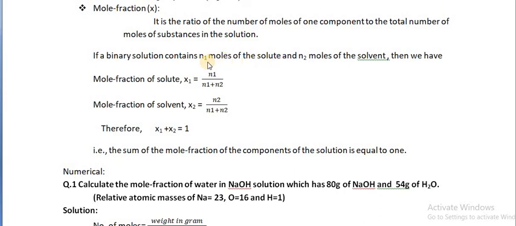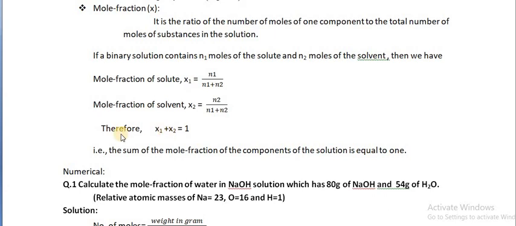So if N1 is the number of moles of solute and N2 is the number of moles of solvent, then the mole fraction of solute, x1, will be equal to N1 divided by N1 plus N2. Similarly, the mole fraction of solvent, x2, will be N2 divided by N1 plus N2.